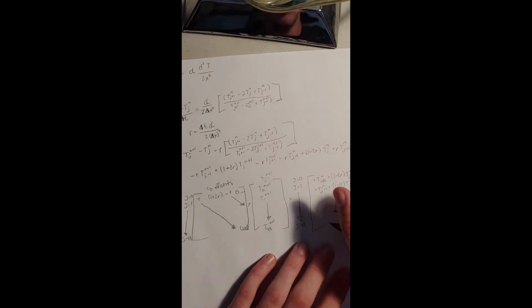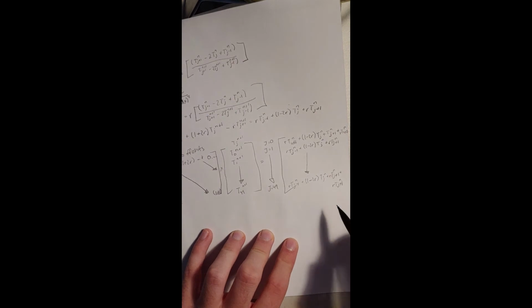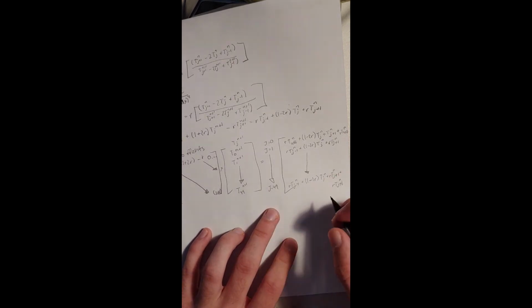Once you get to j equals 49, you end up getting r T_(j-1)^(n+1) minus 2r T_j^n plus r T_(j+1)^n plus r T_(j+1)^n. So this can be simplified a little bit by factoring out and everything.